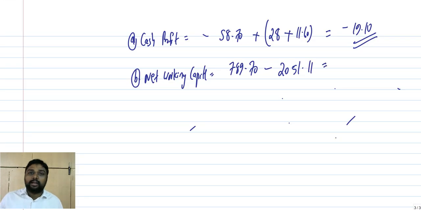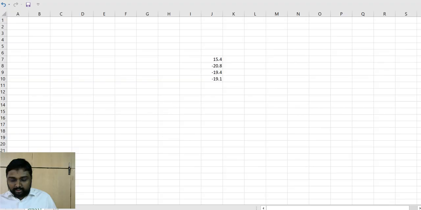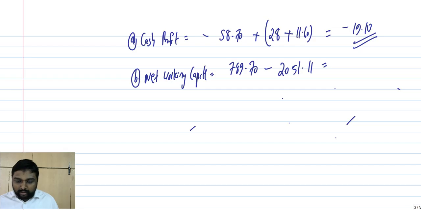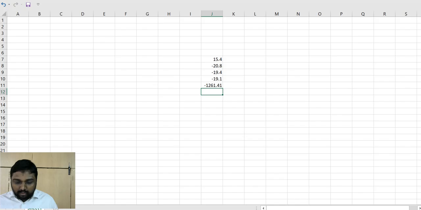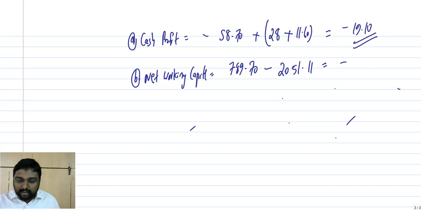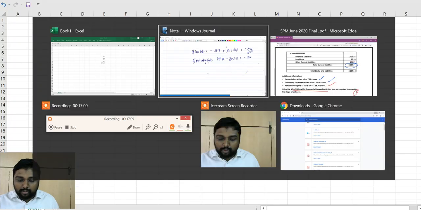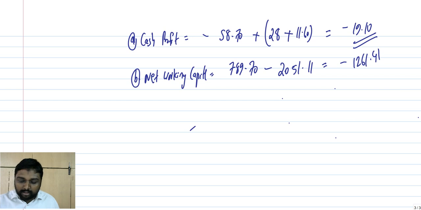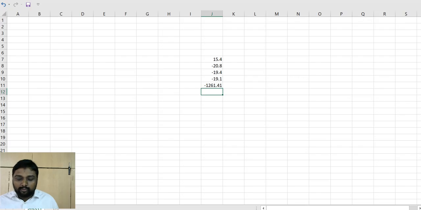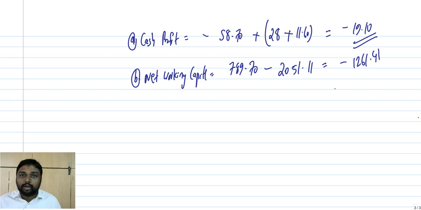So 789.7 minus 2051.11 gives minus 1261.41. Are you clear? Any doubt? So again you got a negative.